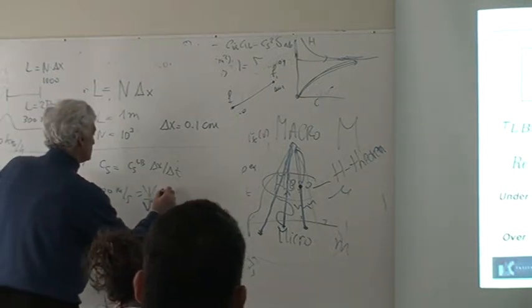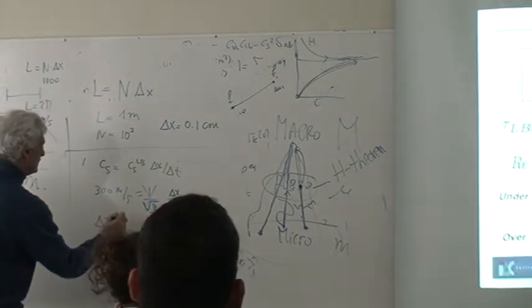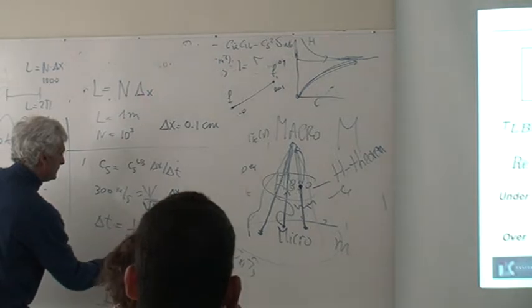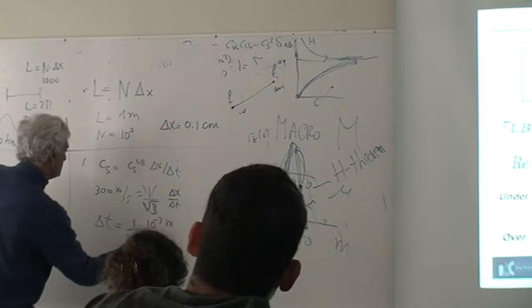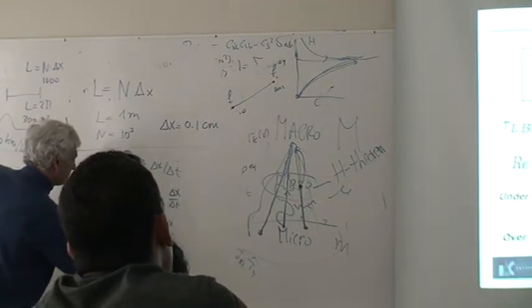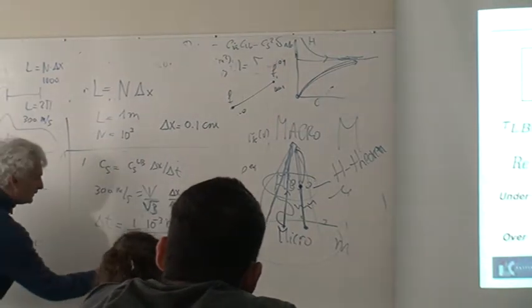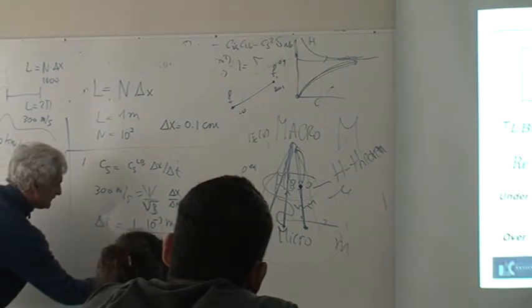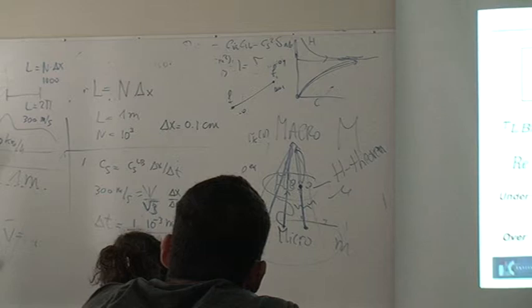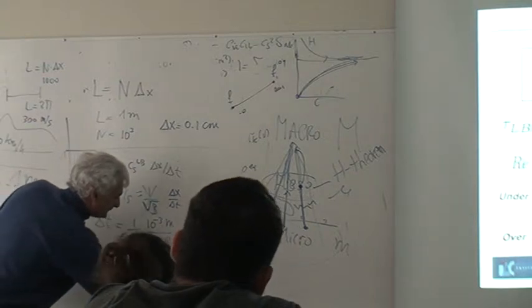So delta t equals 1 over square root of 3 times delta x, which is 10 to minus 3 meters, over 3 times 10 to the power 2 meters per second, which gives me 10 to minus 5 seconds. Is that right? Please check on it, I'm not sure. Yeah, looks like it's 2 microseconds.